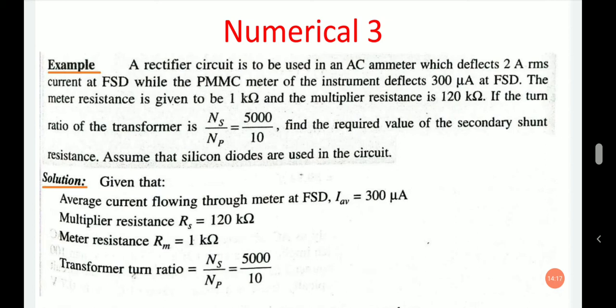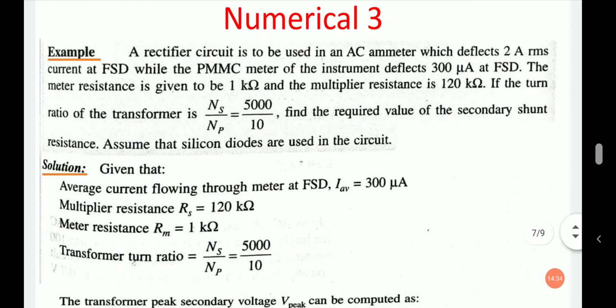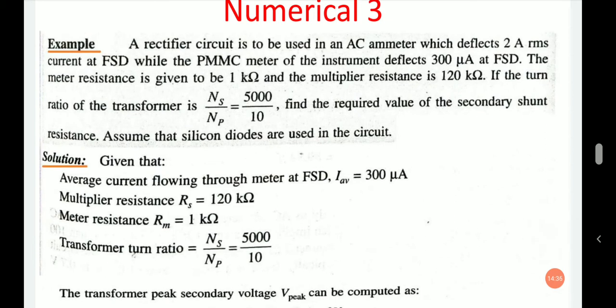If the turn ratio of the transformer is Ns upon Np equals 5000 by 10, find the required value of the secondary shunt resistance. Assume that silicon diodes are used in the circuit.